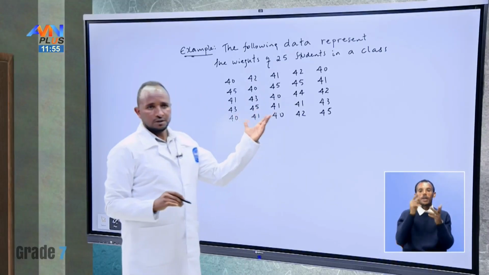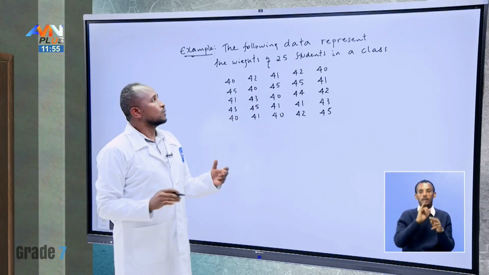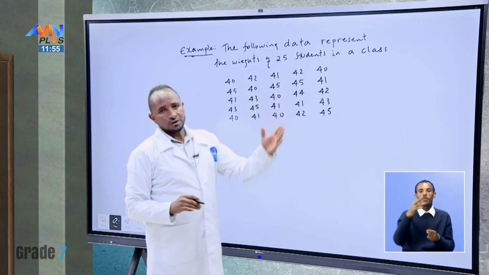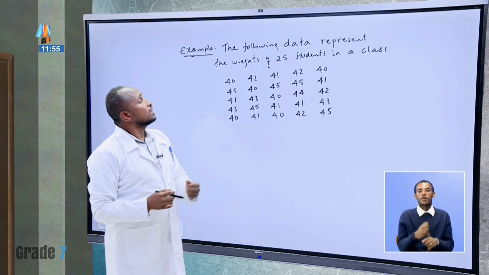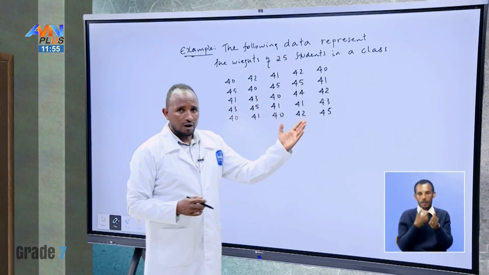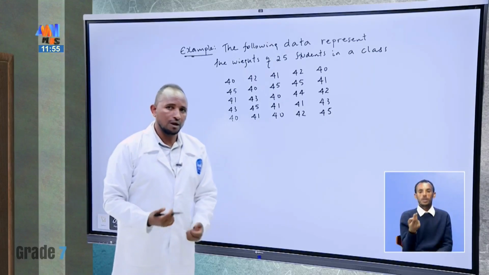Okay, this data set is the weight of 25 students in kilogram. So arrange this data in frequency table using tally marks.